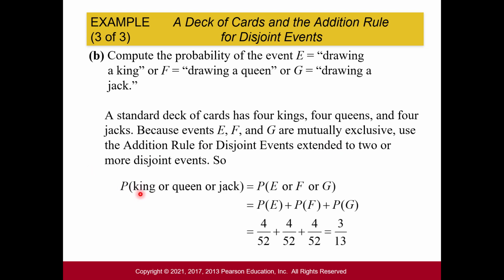And so our probability of king or queen or jack, we can use our rule for disjoint events and say that it's the individual probability for drawing a king plus the probability for drawing a queen plus the probability for drawing a jack, which each of those is 4 out of 52, which will give us 12 out of 52, which you can simplify to 3/13.